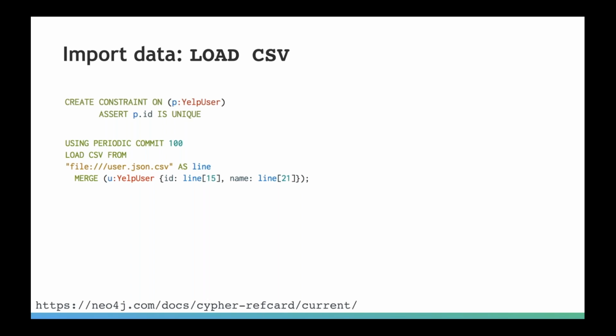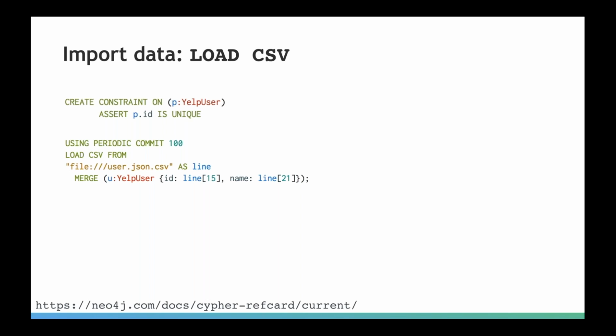So now I had to refer to the data elements by number, where it says line and then the number 15 in brackets and the number 21 in brackets. If you have a better sample, you can also refer to the lines with dot notation if you have headers in your file.